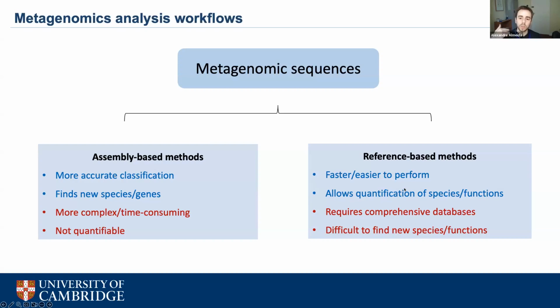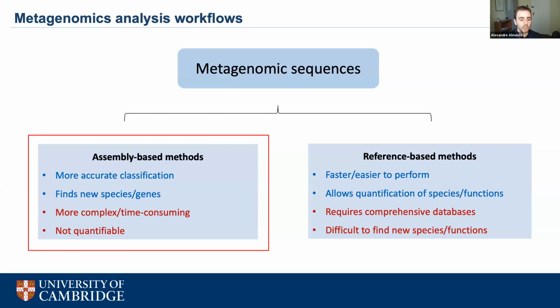Since you will know how many sequences map to different species or different functions, you can use that as a proxy of the abundance of those features. The limitation of reference-based methods is that they require comprehensive databases, so you're not able to find new things that are found in your samples but not in the reference databases. It becomes very difficult to find new species and functions that are absent from what is known so far.